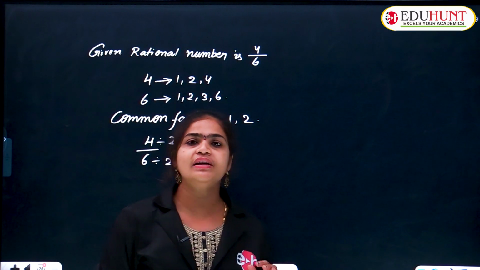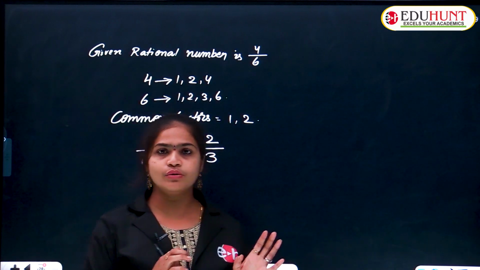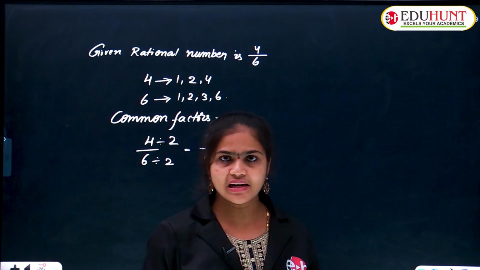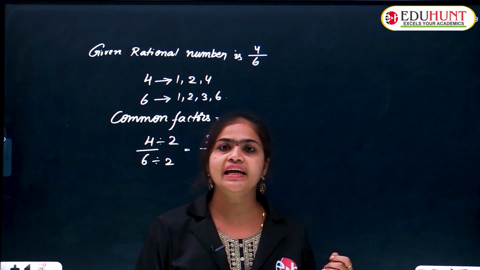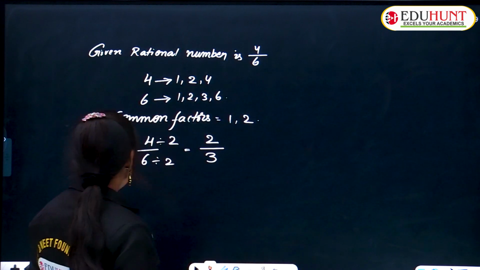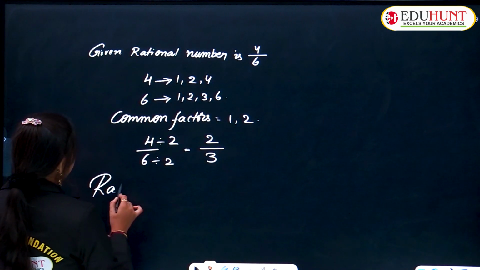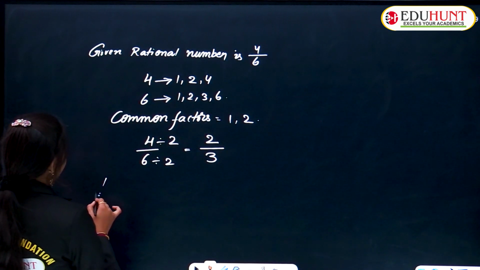So children, up to now we have been talking about rational numbers. So we understood what a rational number is. Now how do we denote it? By which letter can we represent rational numbers?